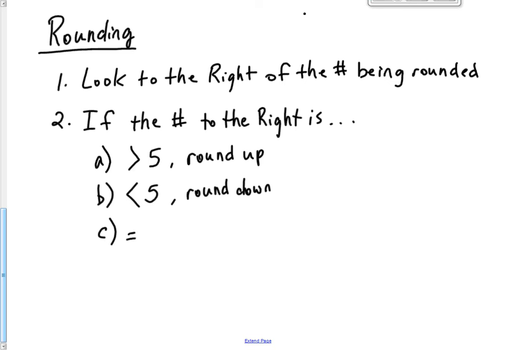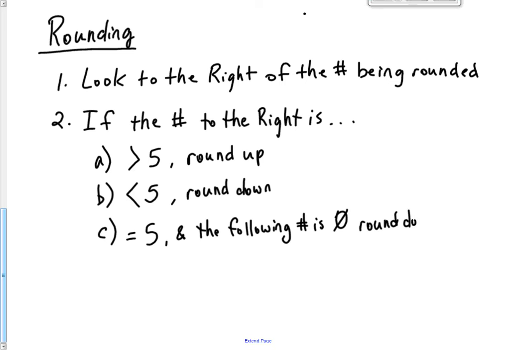So if the number to the right is 5, then you're going to look to the next number, okay? So if the number is 5 and the following number is 0, round down, okay?